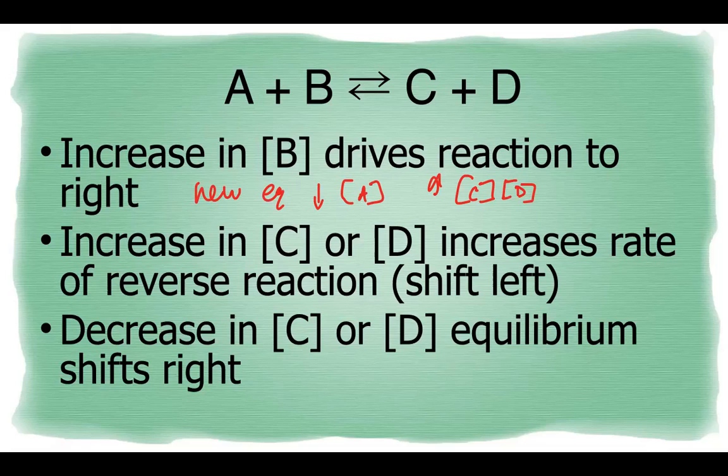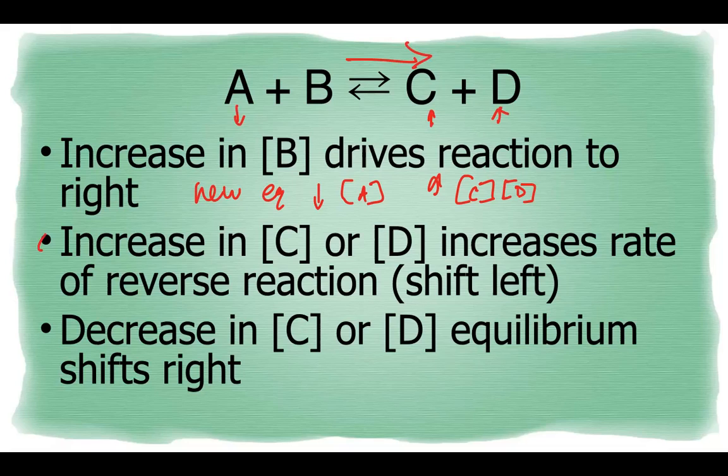If I increase B, which direction does the system want to shift? It wants to use up that excess B, so it's going to shift to the right. What does that mean when the new equilibrium is established? It means that I'm increasing the forward reaction, which means my A is decreasing and my C and my D are increasing. Sorry, that should be an arrow.